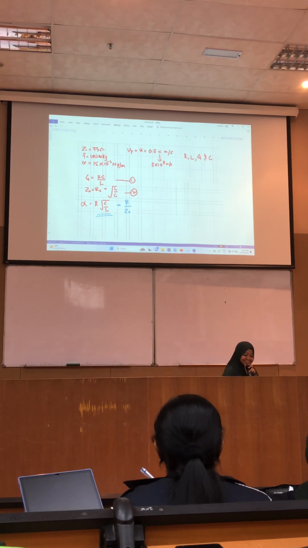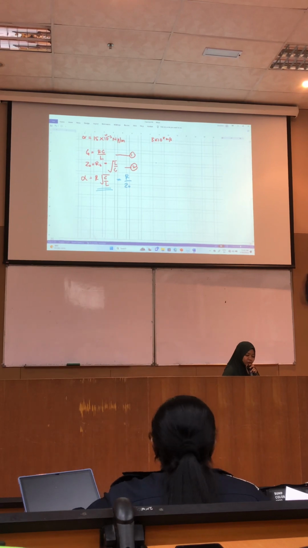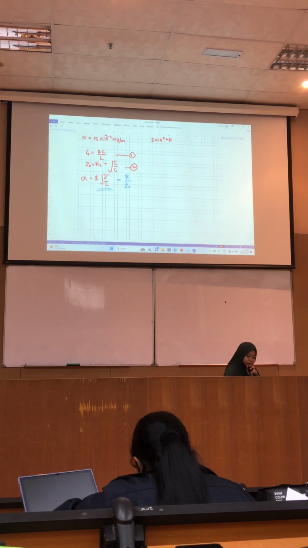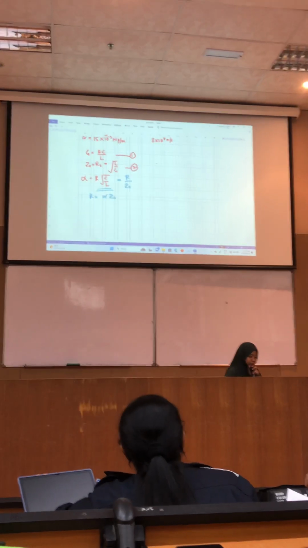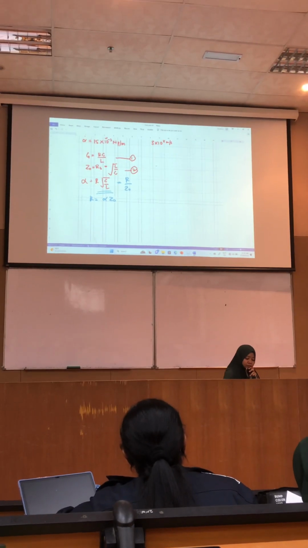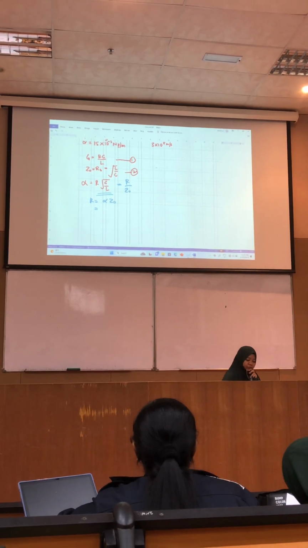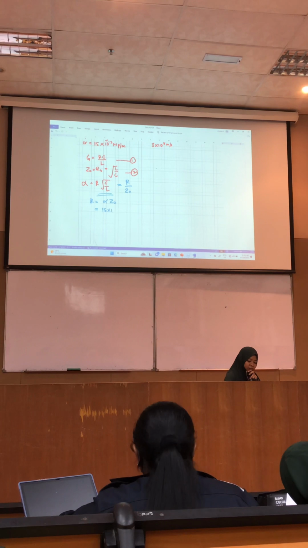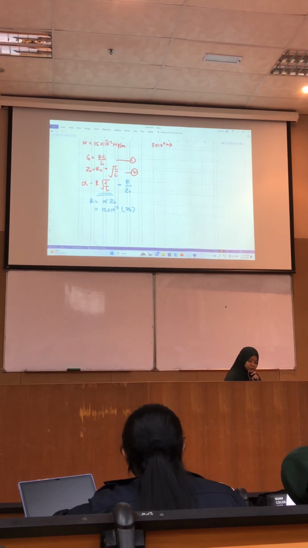Okay. So therefore, alpha equals R over Z naught. So R equals alpha times Z naught. Okay, so we can substitute the values. Alpha is 15, Z naught, what was Z naught? 75.